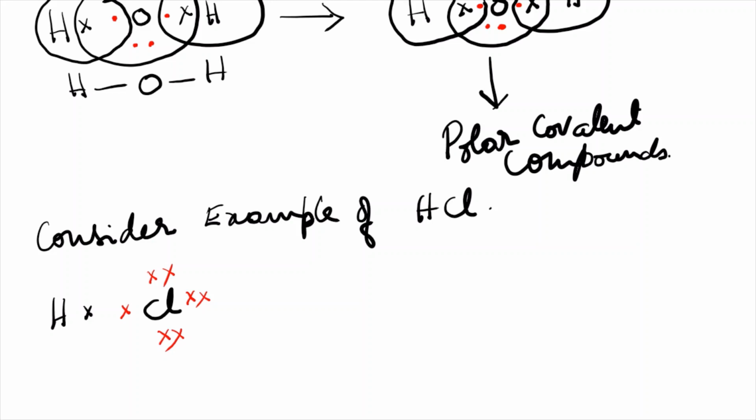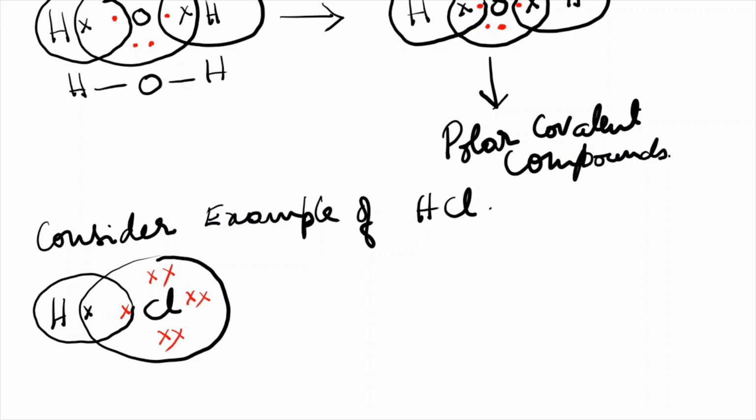Now a covalent bond is formed between hydrogen and chlorine atoms, resulting in the formation of hydrogen chloride. This is the normal hydrogen chloride molecule, formed by a covalent bond.